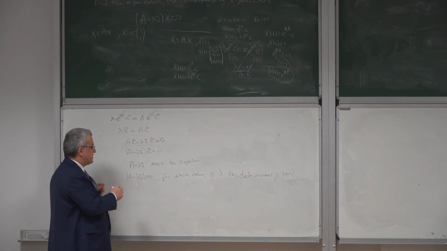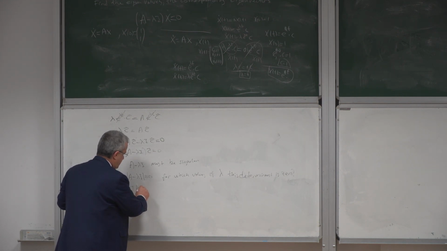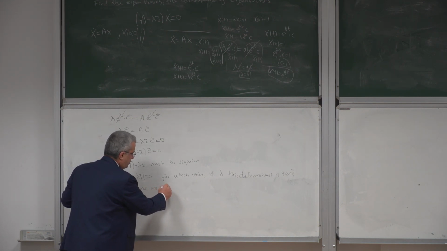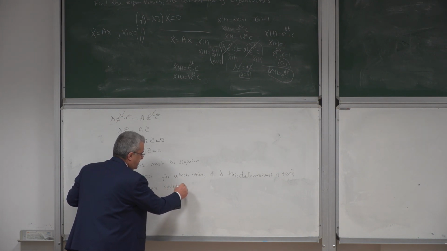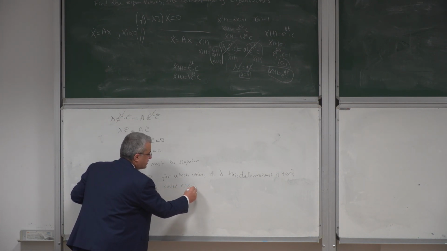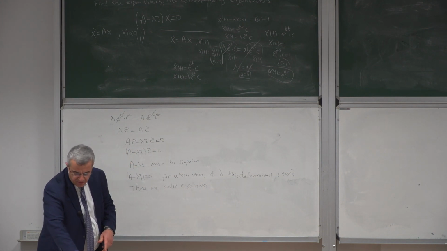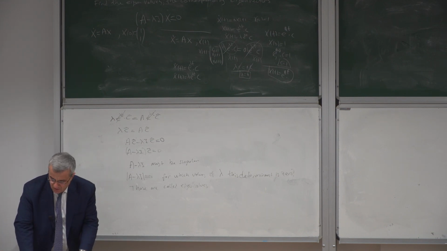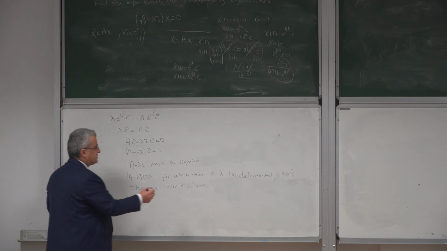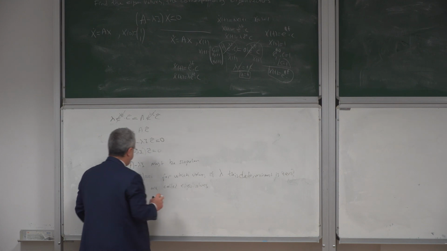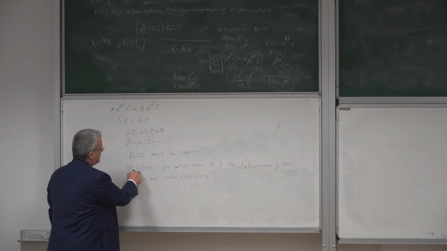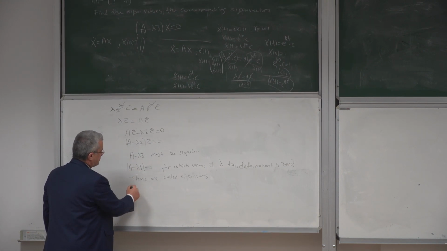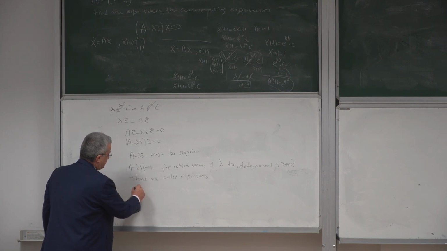So those are called eigenvalues. Okay, these are eigenvalues. So after you find the lambda that makes this 0, then you have a singular matrix.